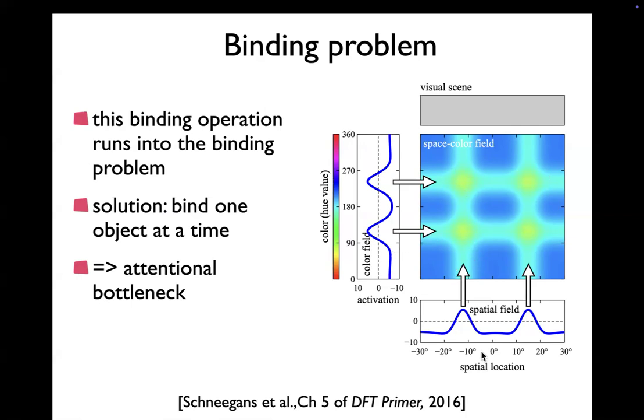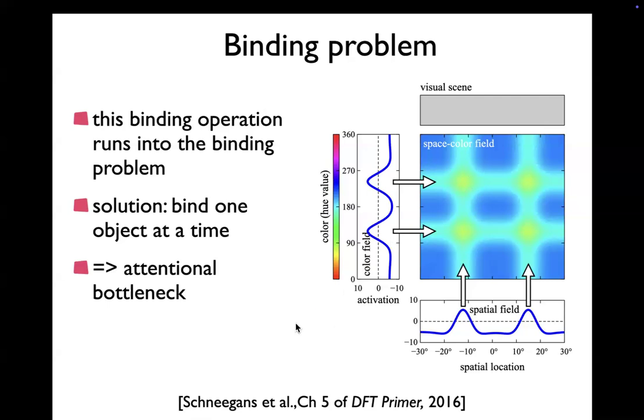And similar for the green one. So if there was actually an underlying scene where the blue item is in fact here on the right and the green item is here on the left, you could do misbinding. That is, you would have an illusory conjunction where you think the green item is at this location or the blue item is at that location.